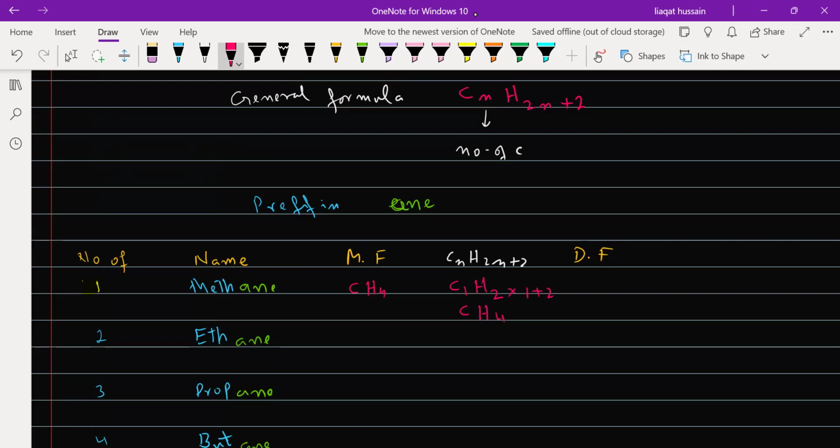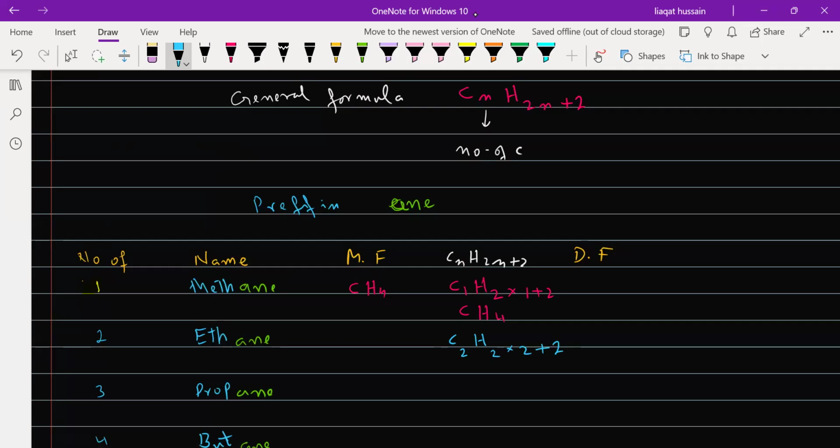Similarly, in the case of ethane, there are two carbon atoms. Hydrogen will be double the carbon number plus 2, 2 multiplied by 2 plus 2.